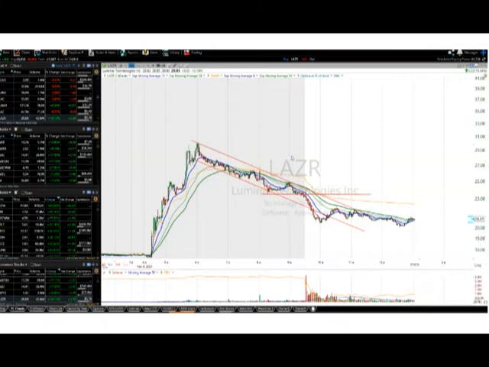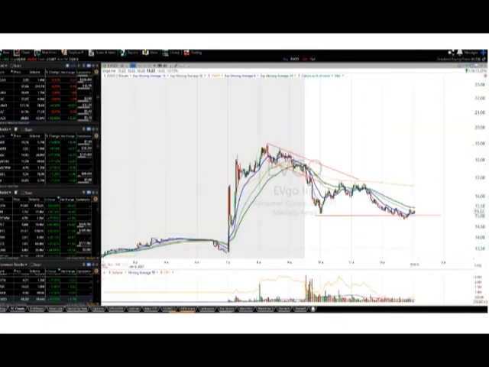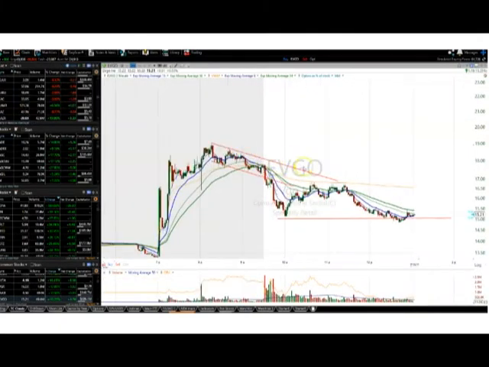And we see that the same pattern is here in this EVGO. This also was in a downtrending channel this morning. Here's your top of the channel. This is your bottom of the channel. Try and get as many points as possible. You don't need to touch those pops down through it, but you can see this got into a downtrending channel.